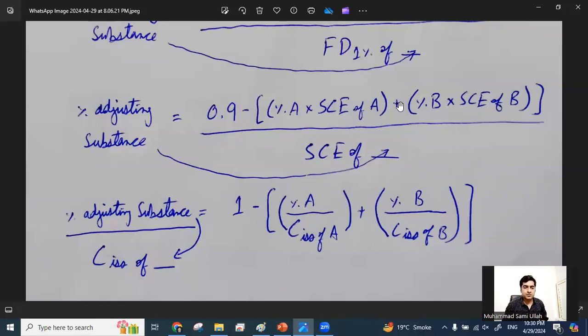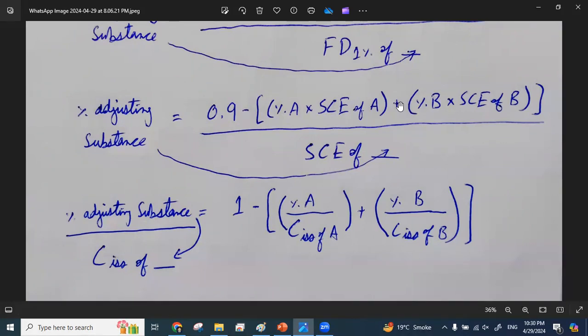All the ingredients, we will be modifying the formula this way. And where is this thing going? SCE or FD1% of substance is moving to this side of the equation now. Percentage adjusting formula divided by CISO of this adjusting substance. Is this clear? What is the modification in this formula of CISO?